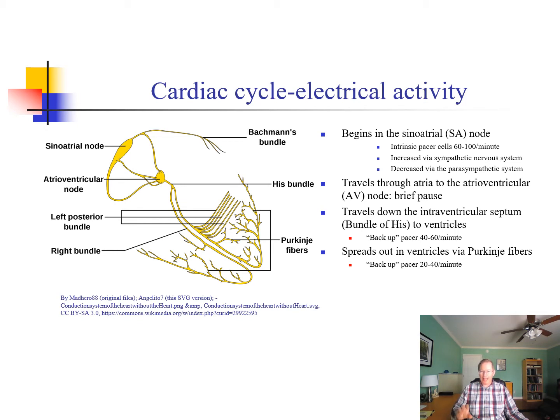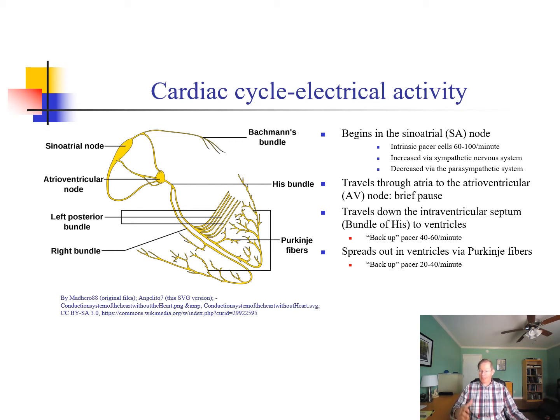Right around the AV node, there is a set of backup pacemakers that, if a signal is not received, will actually beat around 40 to 60 times per minute, generally closer to 40, but we traditionally teach 40 to 60. And so if for some reason the signal from the SA node doesn't make it to them, then they will initiate contraction, albeit at a much smaller pace.